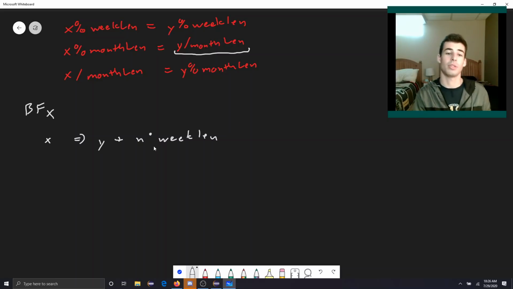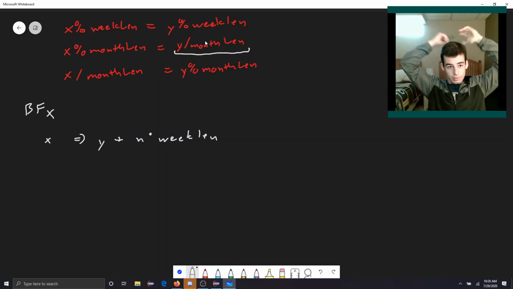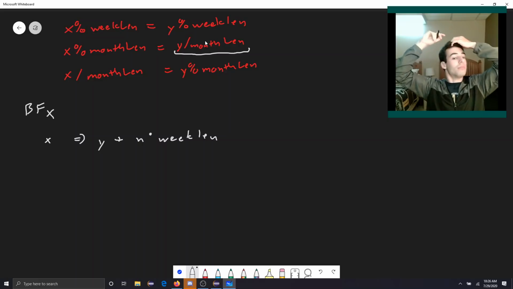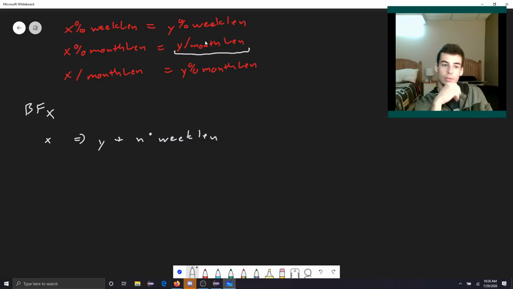Oh, maybe this is like a square root thing. Wait a minute, hold on. Could this be a square root thing? If the week length is small, square root ideas flying everywhere.